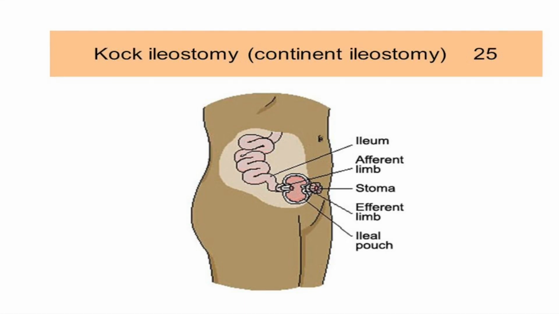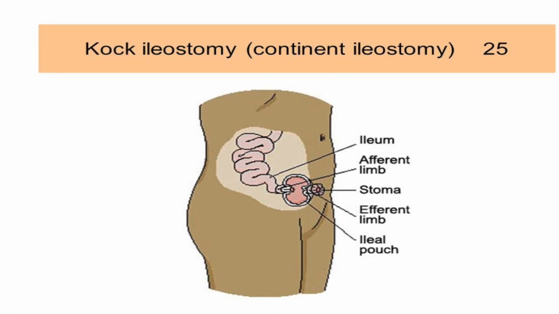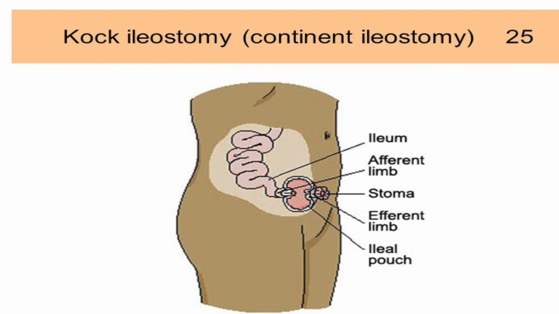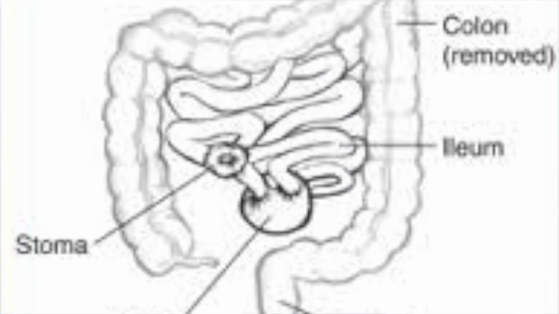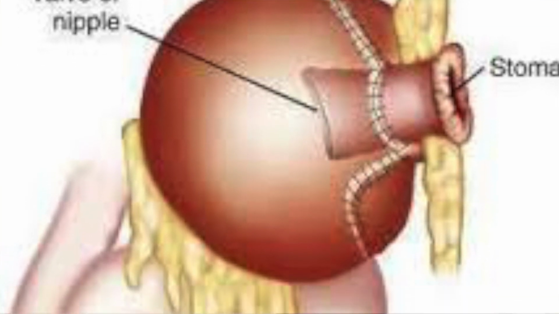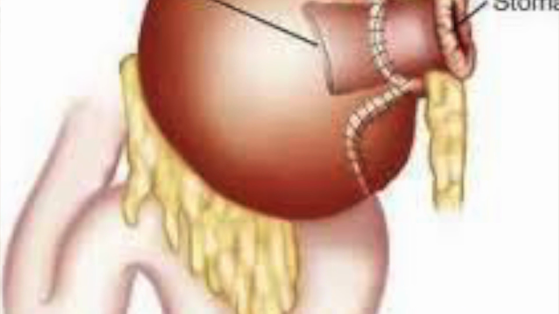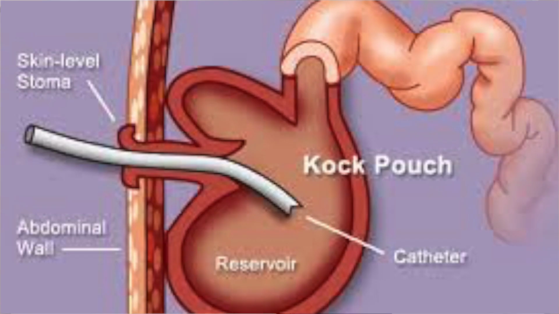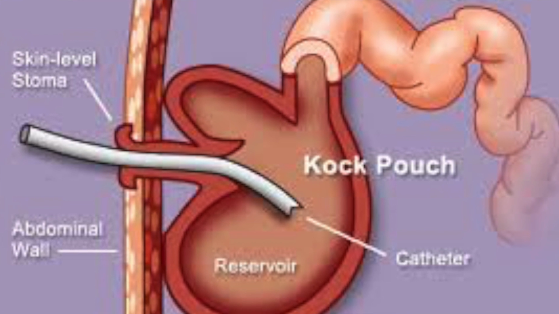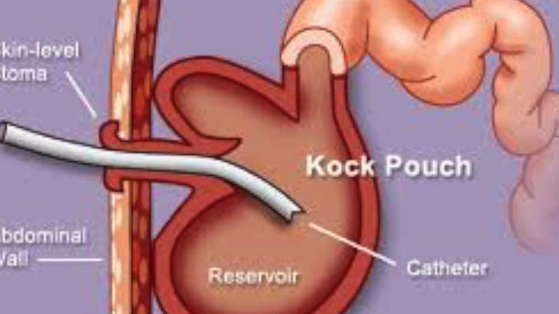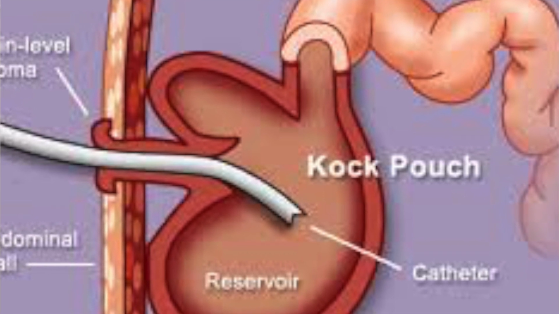So the next one we have is a Kock ileostomy. The Kock ileostomy is an intra-abdominal pouch that stores the feces and is constructed from the terminal ileum. The pouch is connected to the stoma with a nipple-like valve constructed from a portion of the ileum. The stoma is flush with the skin. A catheter is used to empty the pouch, and a small dressing or adhesive bandage is worn over the stoma between emptyings.